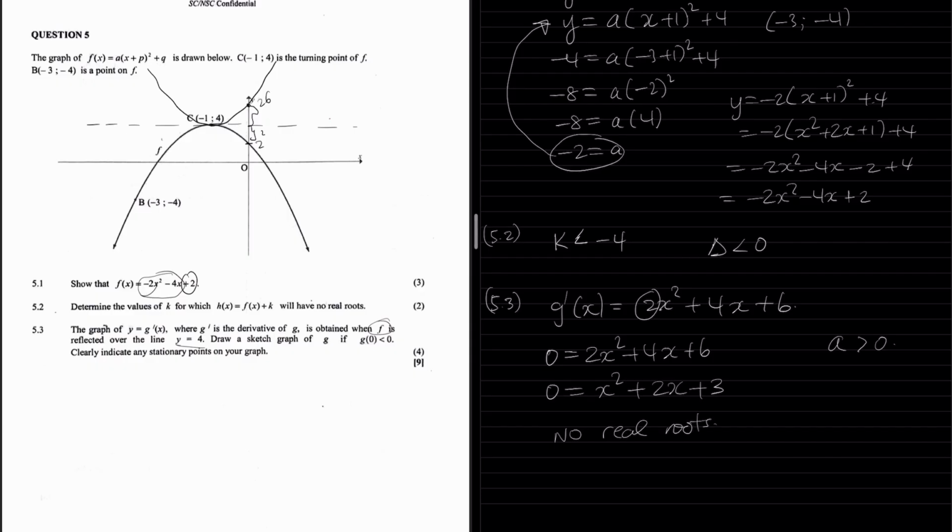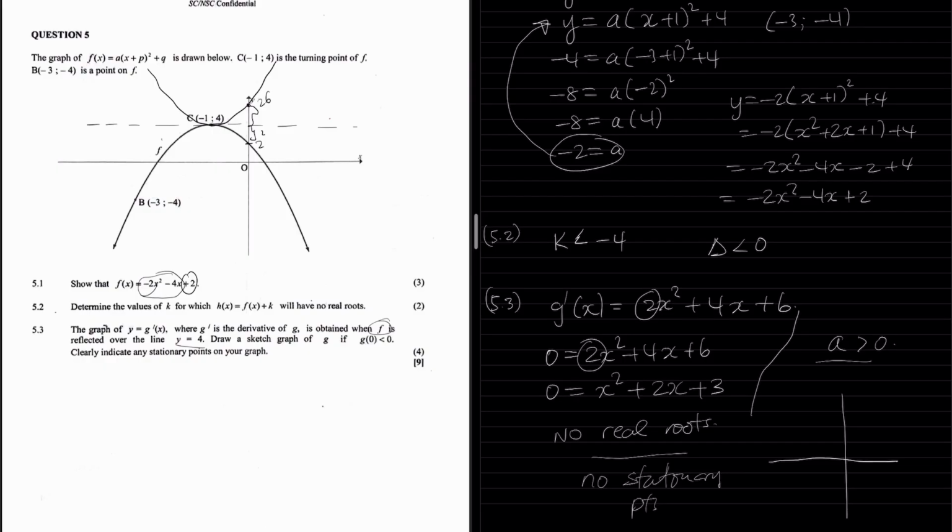And so if there's no real roots, then there's no turning point, or no stationary points rather. And if there's no stationary points and the a value is greater than 0, that means it's just an increasing curve since this a value is positive. So I'm expecting the function to look something like this.